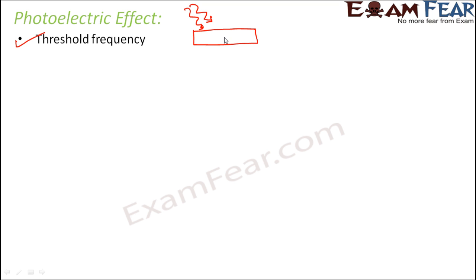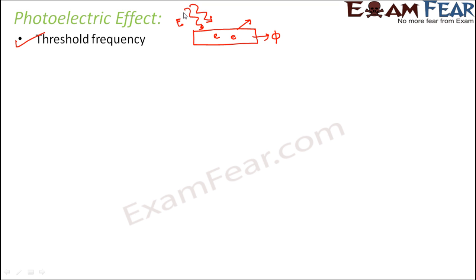Okay, now let us quickly look at some of the important concepts of the photoelectric effect. First we will quickly review threshold frequency. What is this threshold frequency? It is the minimum frequency of light for which the photoelectric effect takes place. As I said, when light is incident on a metal, let's say this is the incident light and this is the metal, to make the electrons come out of the metal surface, it is needed that this light has some energy E which is sufficient to overcome the work function of the metal, which is phi.